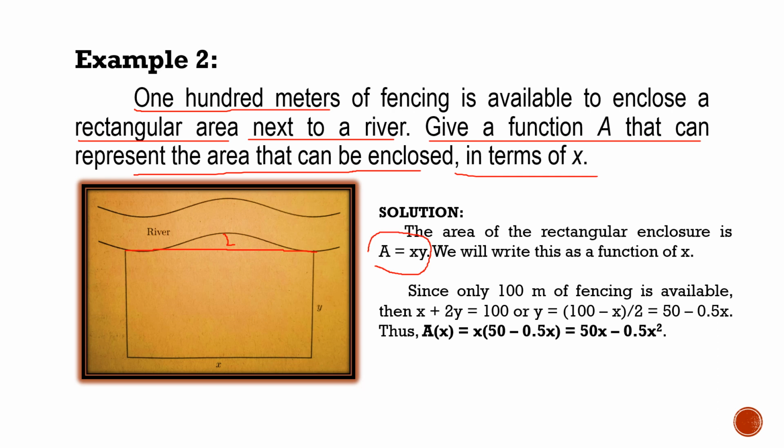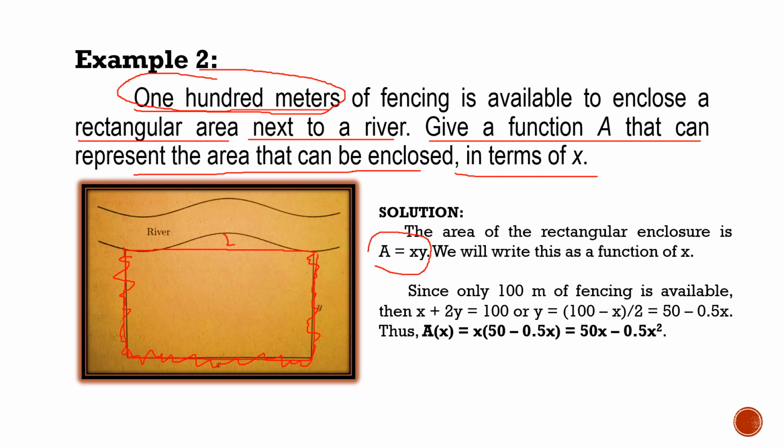Now, since there is a given value of fencing available, the length of the fencing was given in this problem. So we assume that this 100 meters is the perimeter of the enclosed rectangular area here. So this will be your 100 meters, for us to visualize more.